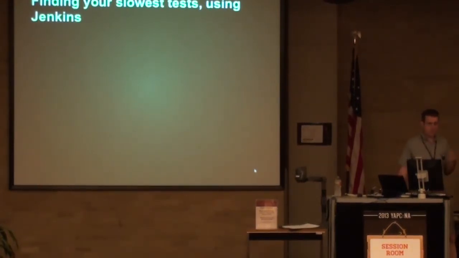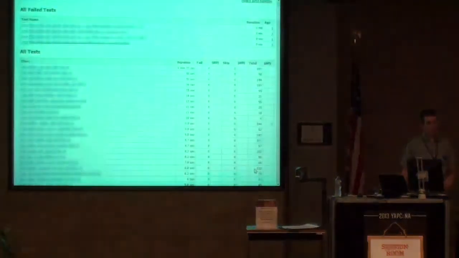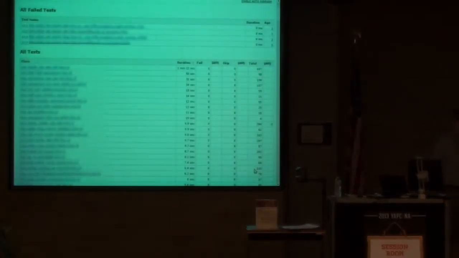We use Jenkins, which has also been mentioned here. It's a continuous integration server, and it can also help you find your slow tests. We get our TAP output converted to JUnit output, and this is a slide with an example of that kind of output.